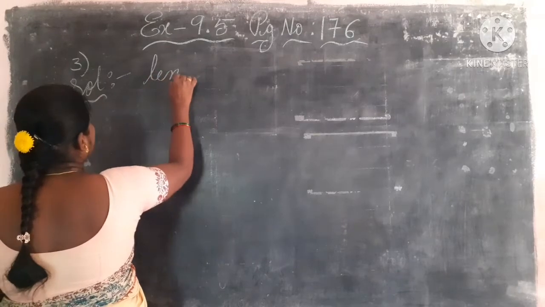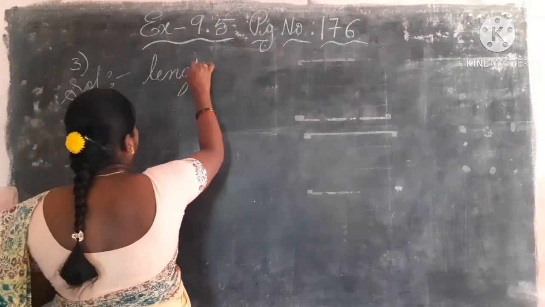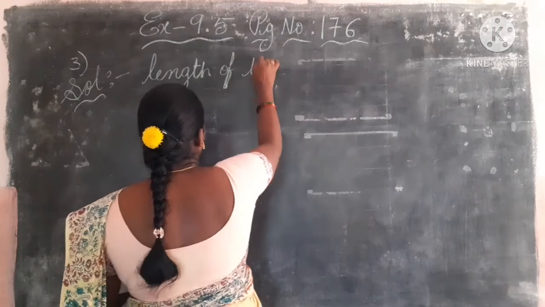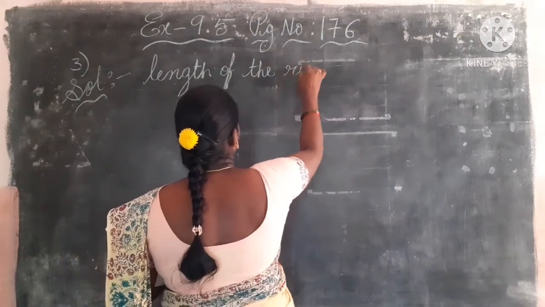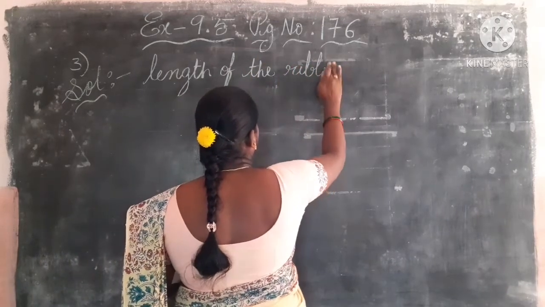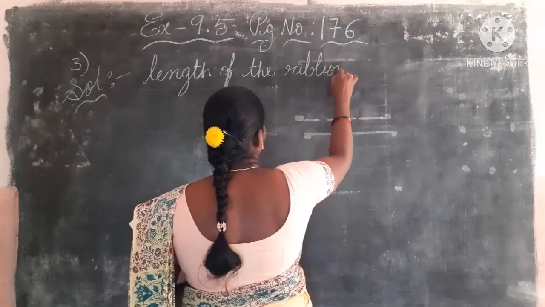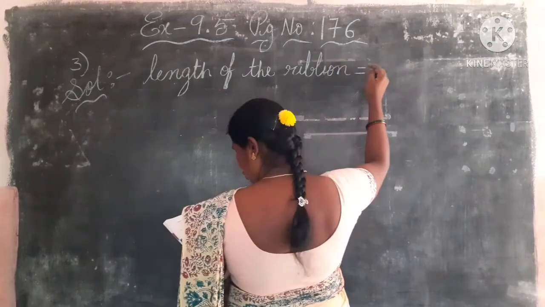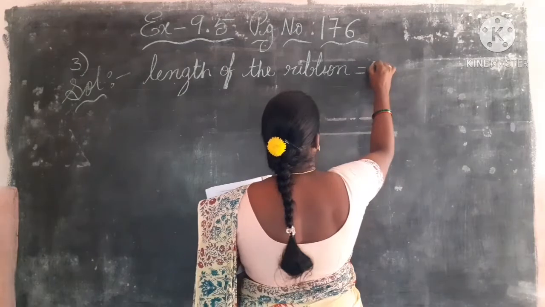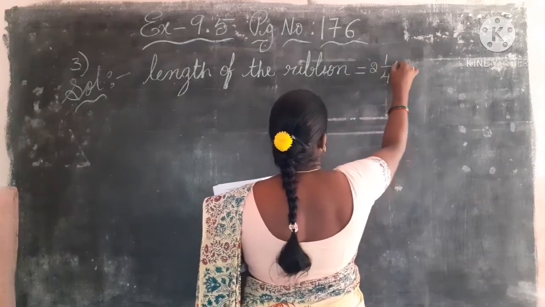Length of the ribbon is equal to 2 1/4 meters.